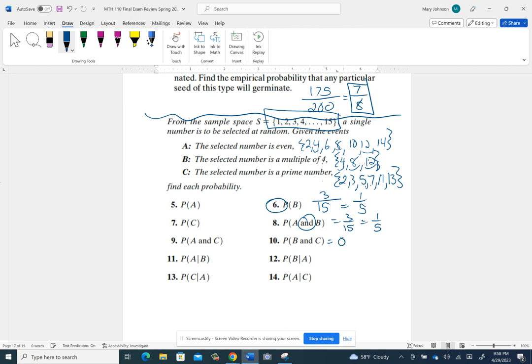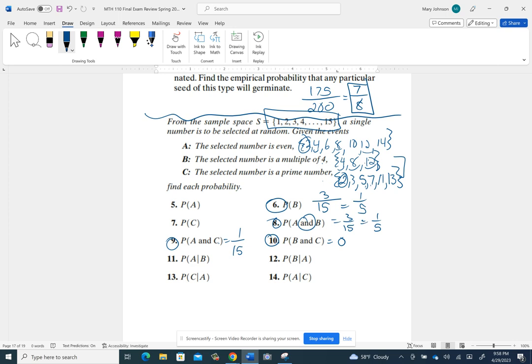No numbers in common to these two sets. All right. Let's go over to number 9. Probability of being even and a prime number. Okay, there's one number that's in both of those. So even and a prime number would be 1 out of 15.